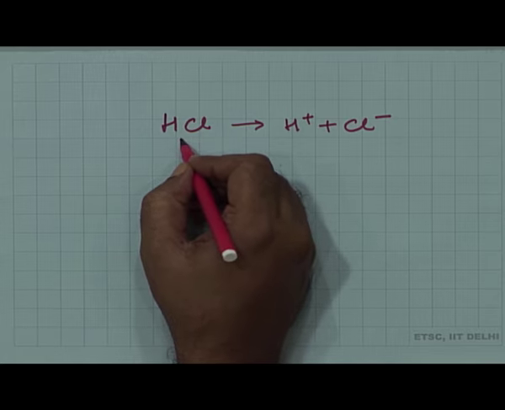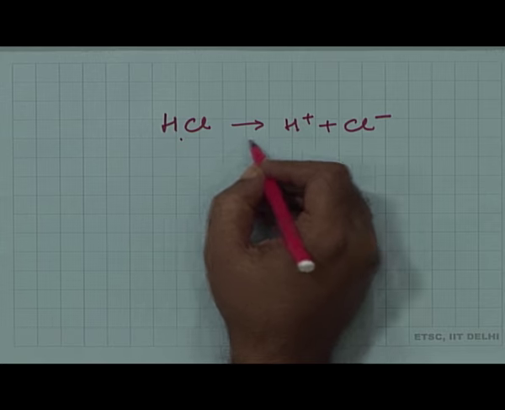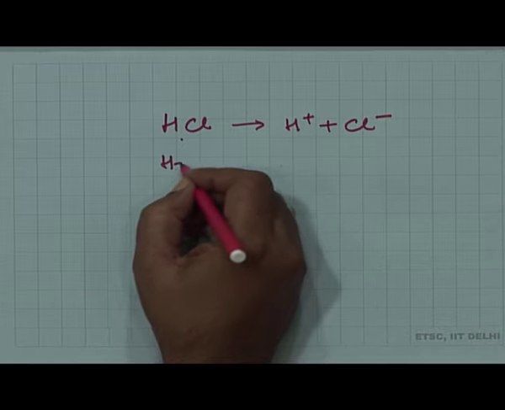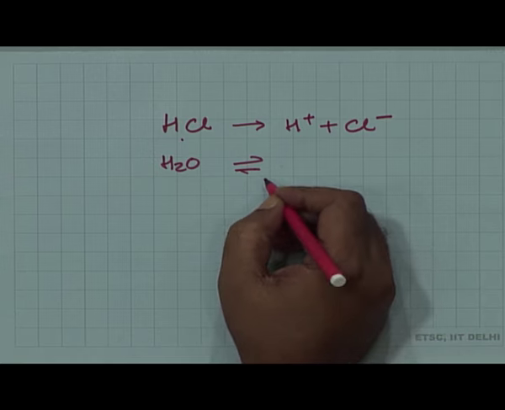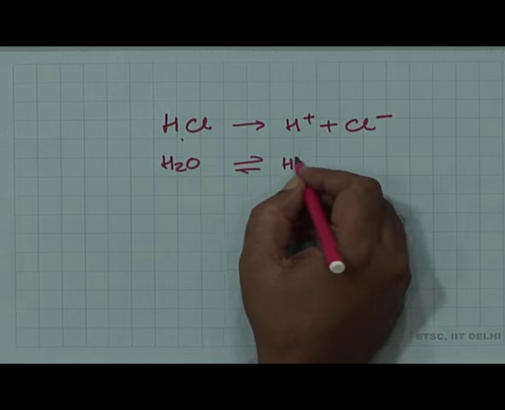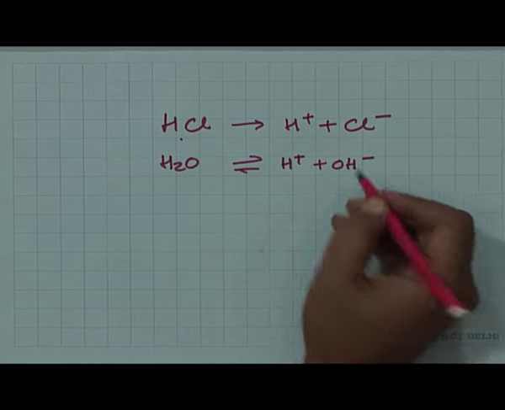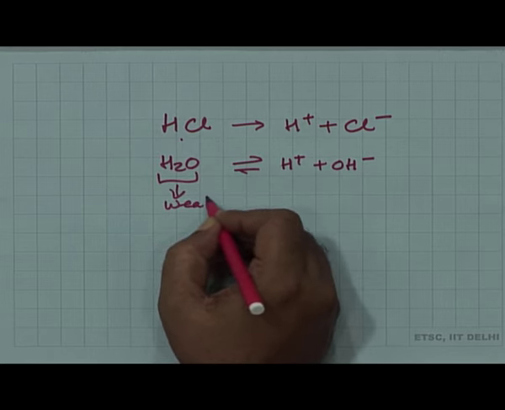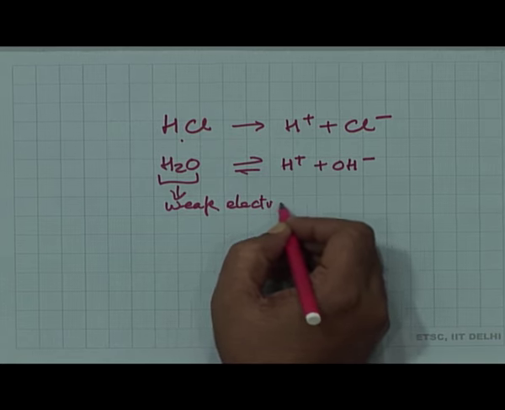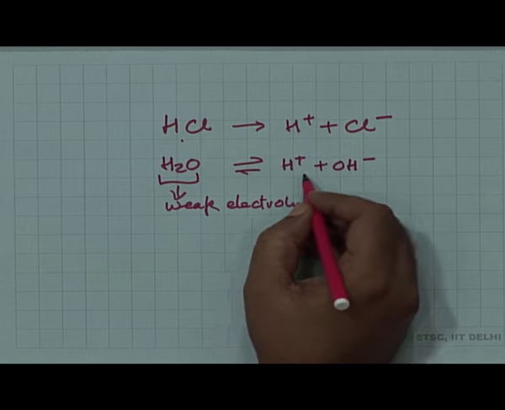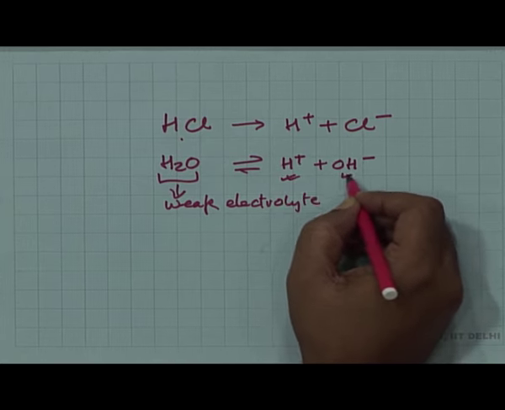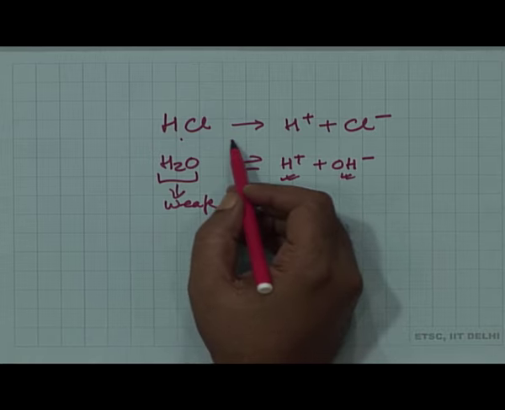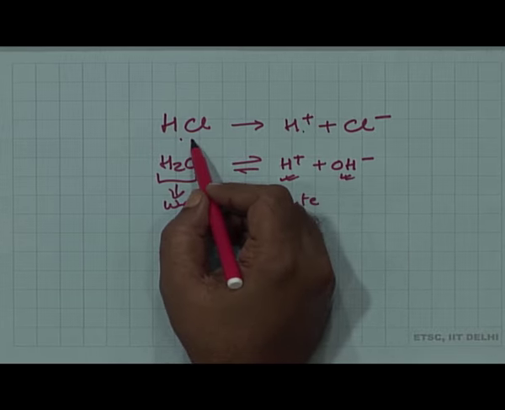So, when we put HCl into aqueous solution, it breaks to give H plus and Cl minus ions. There is also dissociation of H2O, and that will give you H plus and OH minus ions. But we know that H2O is a weak electrolyte, and so the amount of H plus and OH minus obtained is very small in comparison to the H plus which we have got from HCl.